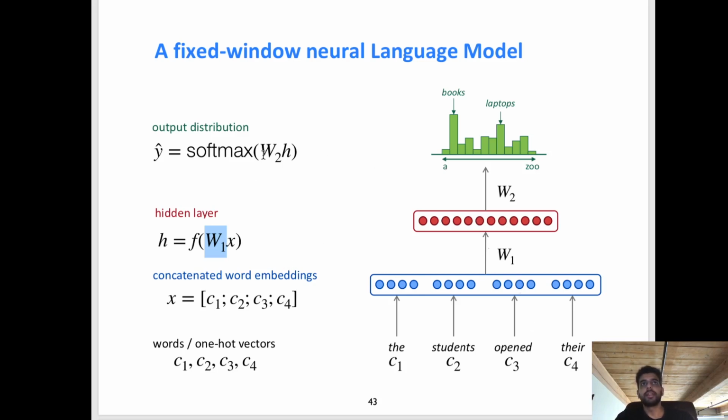And the dimensionality of this W sub 2 matrix is going to be the size of the vocabulary by 12, right? So when I multiply this matrix by the 12-dimensional vector h, I'm going to get a V-dimensional vector, which is then converted to a probability distribution via the softmax function.